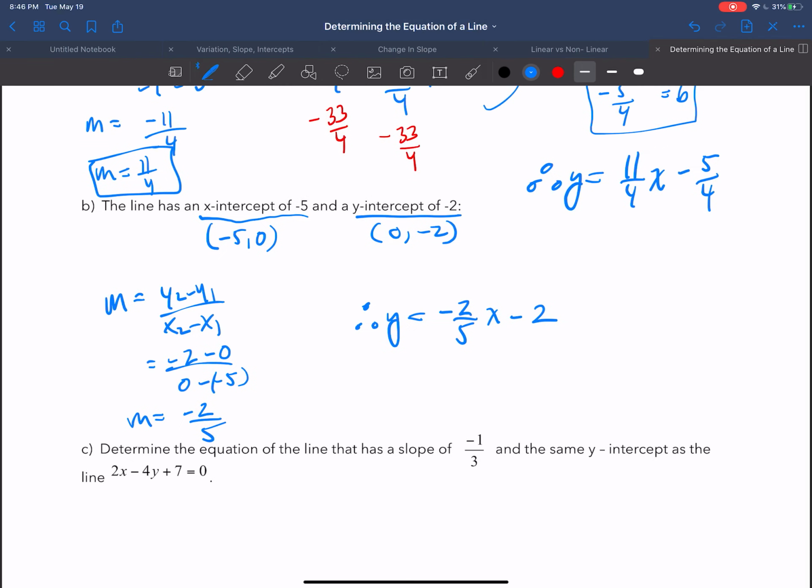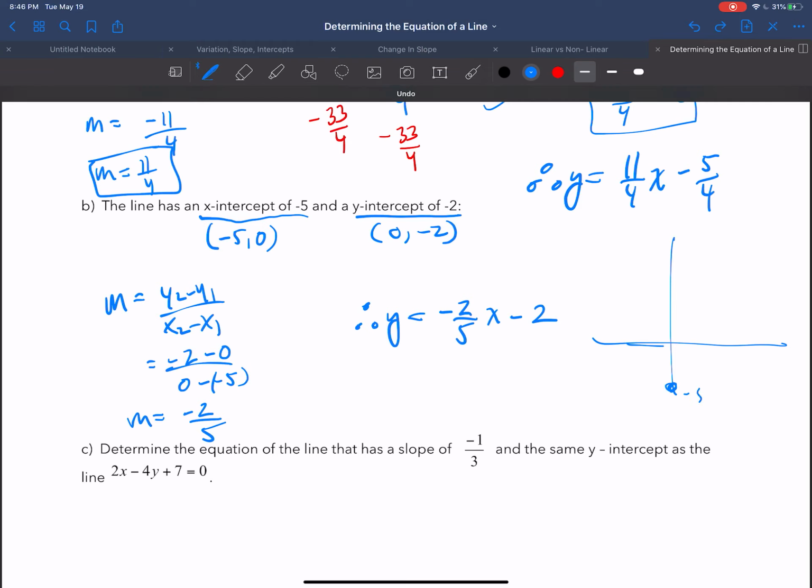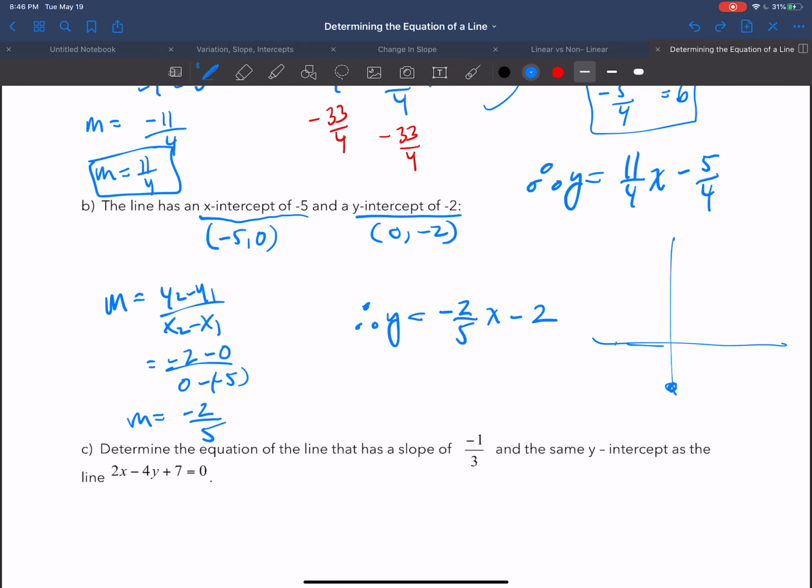Okay, also, if you graph it, you'll be able to easily figure out what the slope is. You don't have to use the formula. Oops. -5, -2, we can see your rise and your run there.